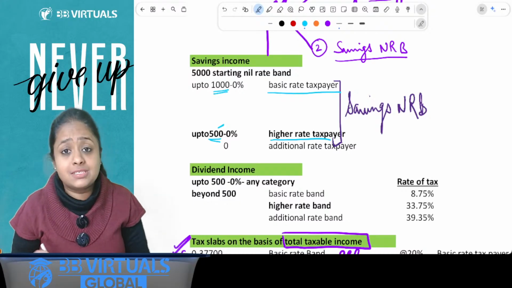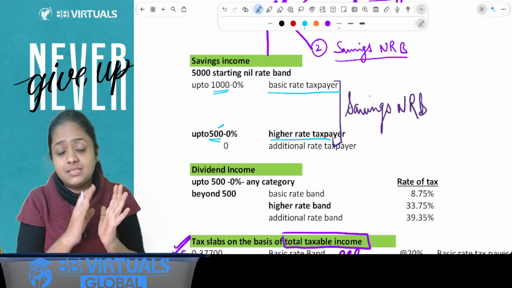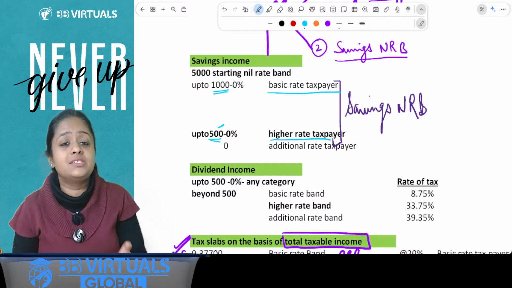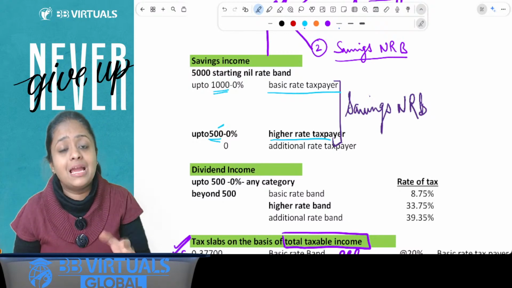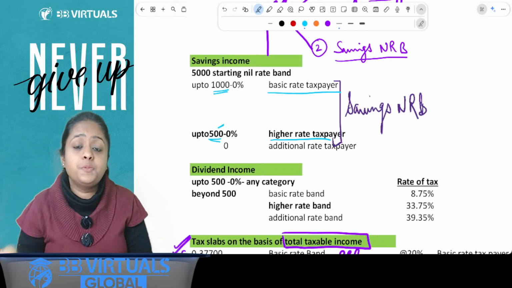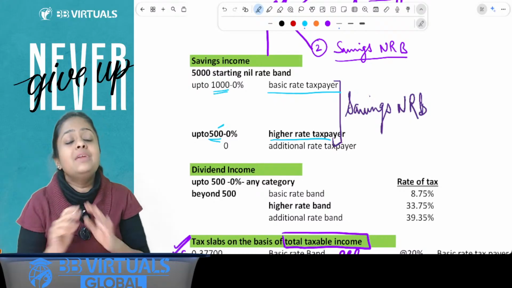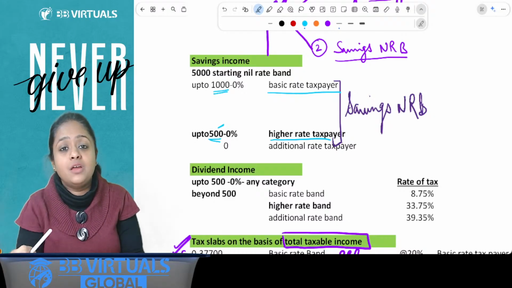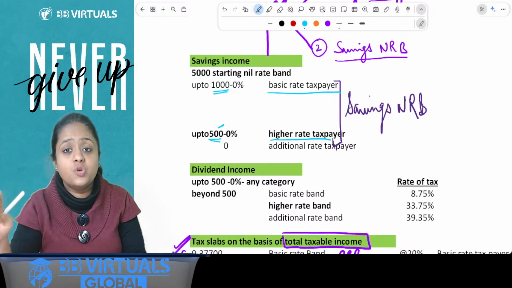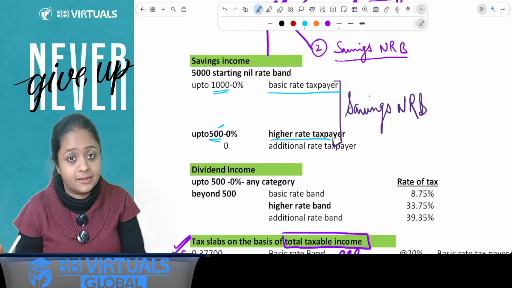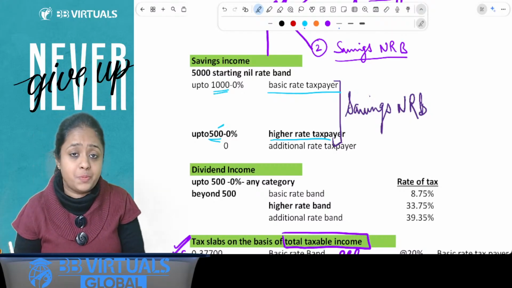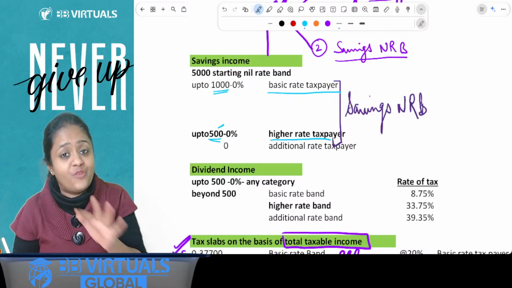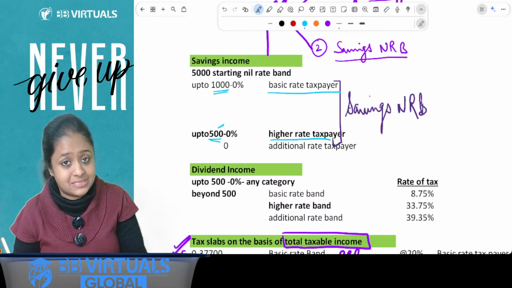So I was just discussing the savings nil rate band. We discussed the starting 5000 nil rate band. Now let's discuss the savings nil rate band. It will depend upon the category of the taxpayer. If the taxpayer is a basic rate taxpayer, then he will get a flat 1000 taxed at 0%. That is the nil rate band. If he is a higher rate taxpayer, he will get a flat 500 taxed at 0%.